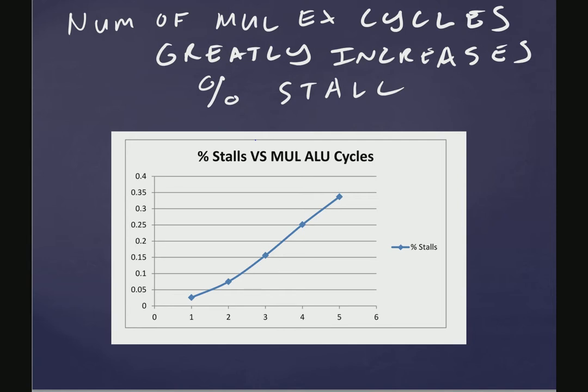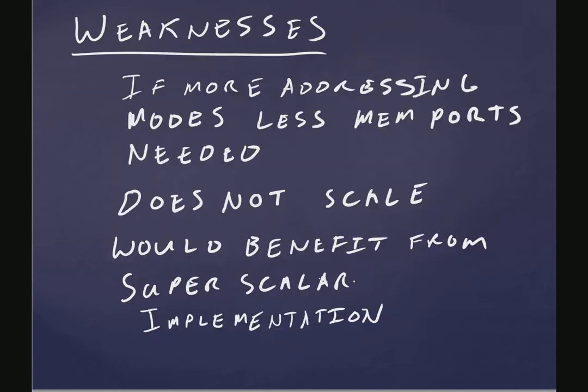If we had implemented a multiplication execution cycle length of 7, it would have been 55% stall. So that's a big weakness.